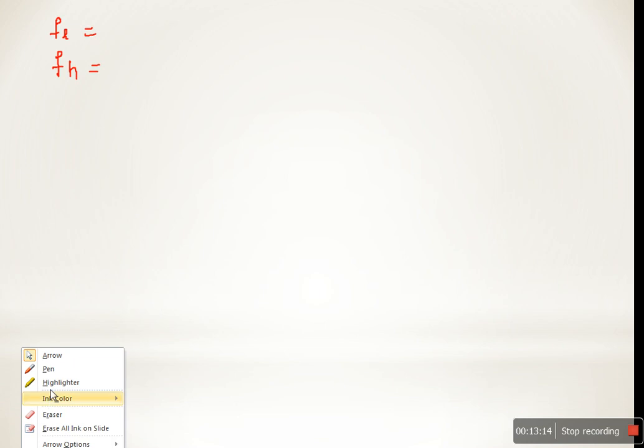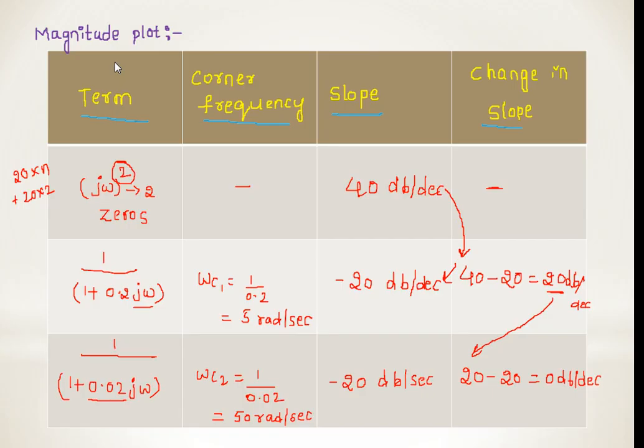So here I am assuming the FL value is 0.5 radians per second, and I am assuming some highest corner frequency. The highest corner frequency must be greater than the highest corner frequency in the given transfer function. In the given transfer function the highest corner frequency is 50.